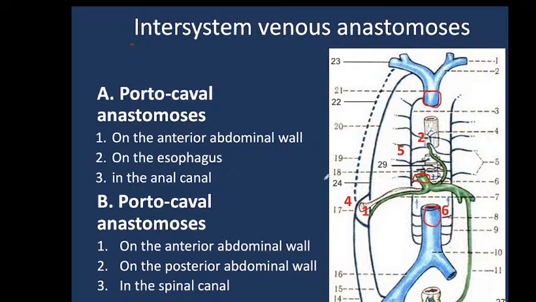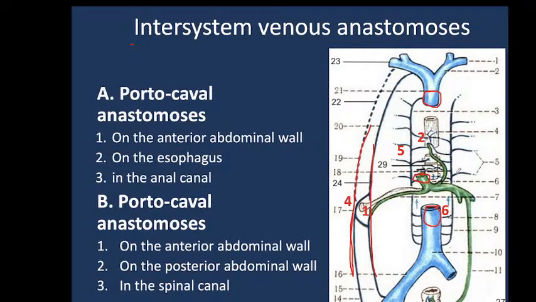This connection is located in different parts of our body. We can find such anastomosis on the anterior abdominal wall. Here, these are superficial and sometimes deep veins of the anterior abdominal wall.